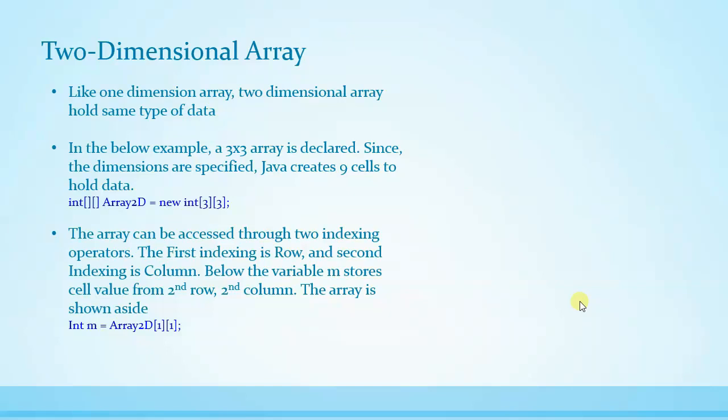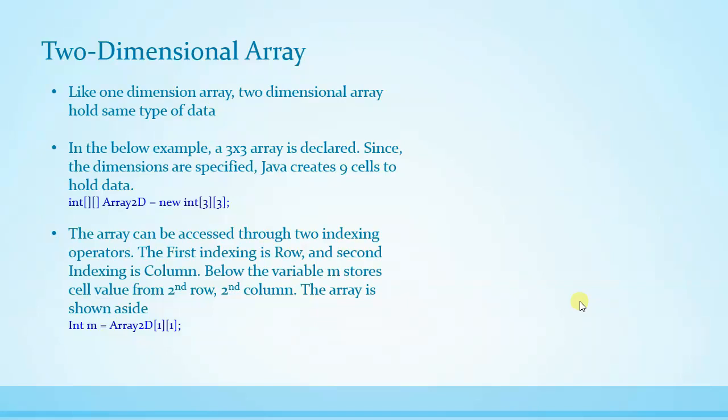In the below example, we are accessing the array element from the second row and second column. This means the indexing for row and column starts from 0. So since we need the second column and second row, we specify the row as 1 and the column as 1.